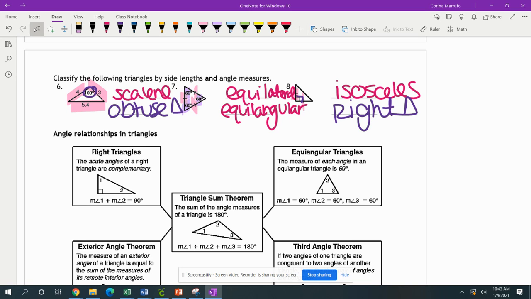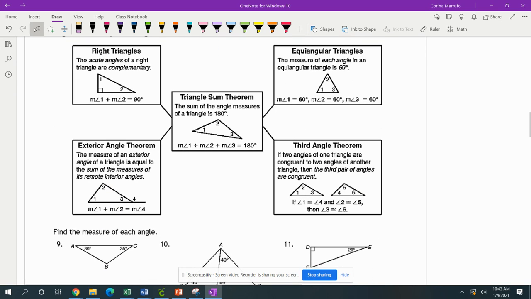Now next we're going to go over some relationships based off of the angles. So we have the triangle sum theorem. This says that the three angles in a triangle should add up to 180. So the measure of angle 1 plus the measure of angle 2 plus the measure of angle 3 is equal to 180 degrees. Then you have your right triangles.